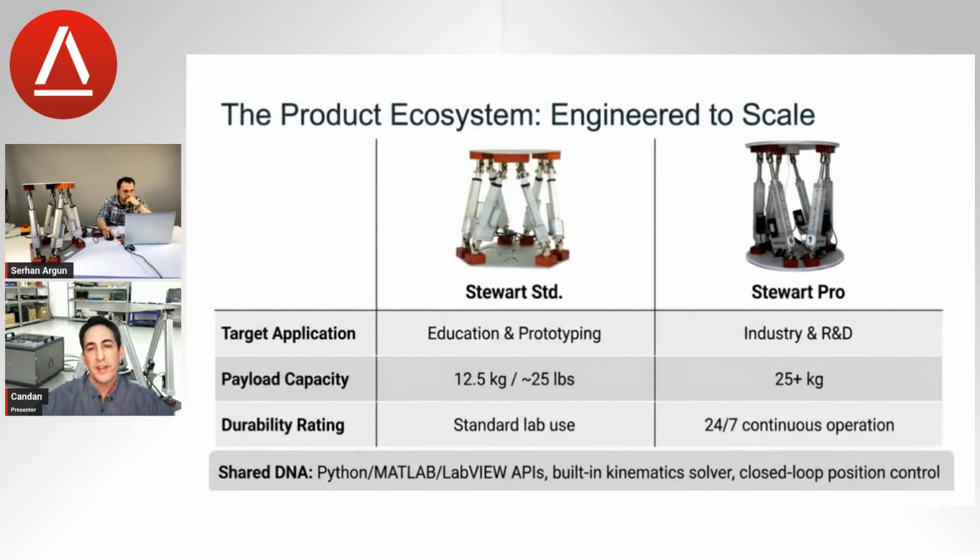Both platforms share similar DNA, and their contents look very alike. For the DNA, we are trying to share the same software experience and the same closed position control methodologies. The main difference is generally the payload, speeds, and also the environmental durability, or outside conditions durability, if I can say so.